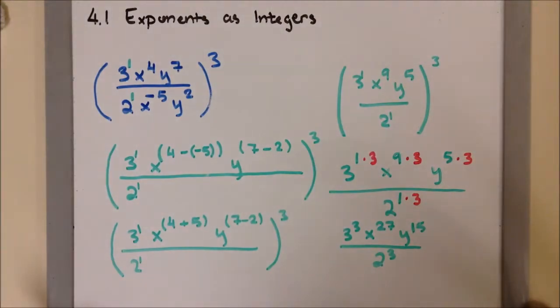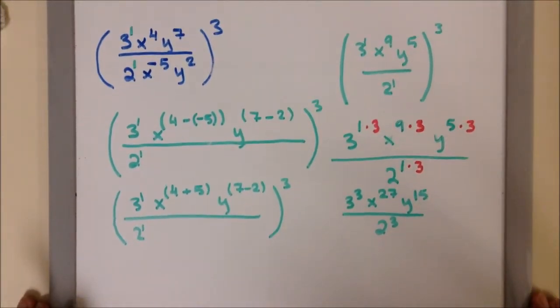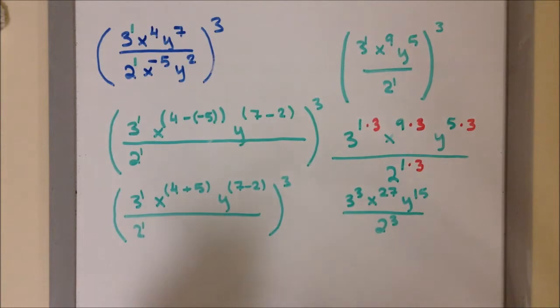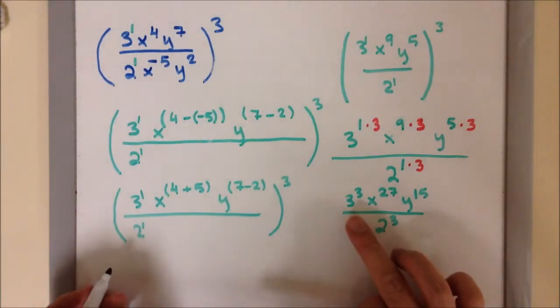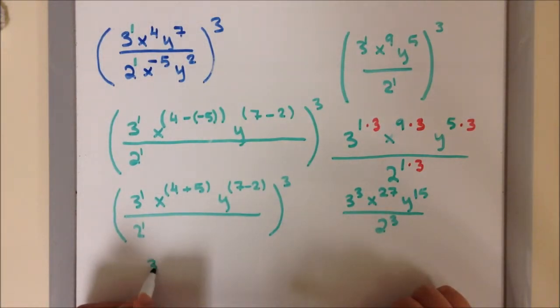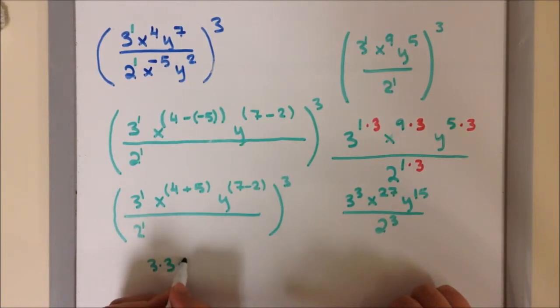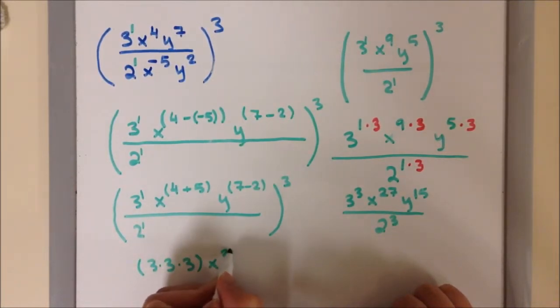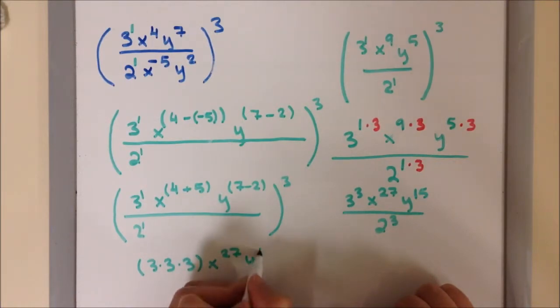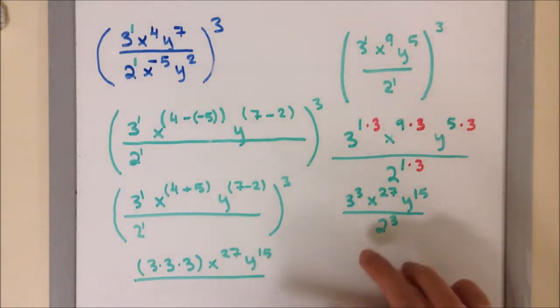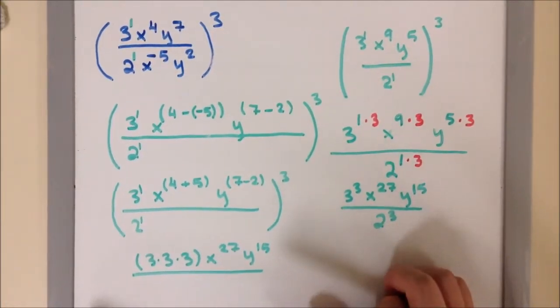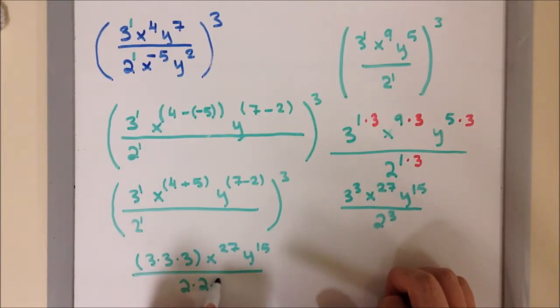Alright, so when you're working with numbers, 3 to the 3rd power basically means 3 times 3 times 3, x to the 27th, y to the 15th, and then on the bottom it's 2 to the power, so it's going to be 2 times 2 times 2.